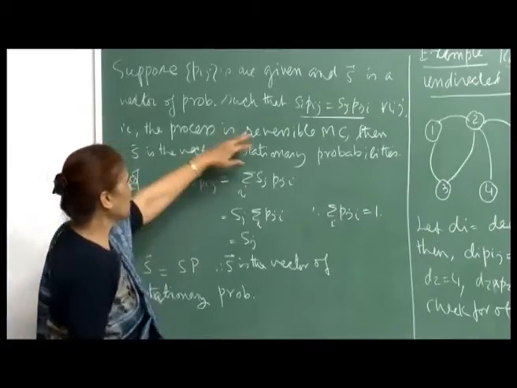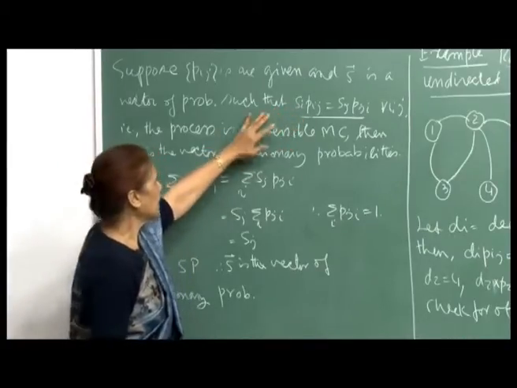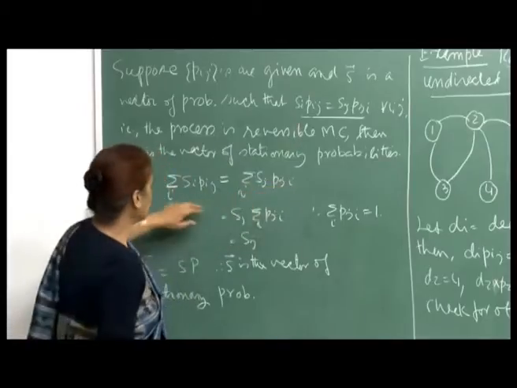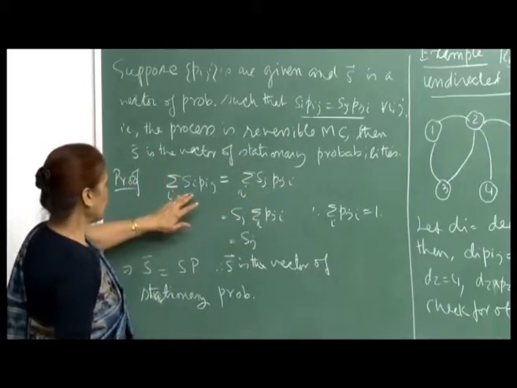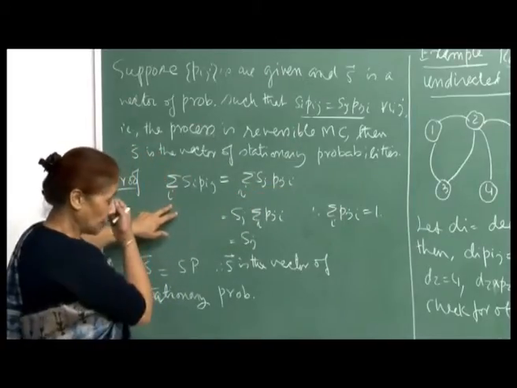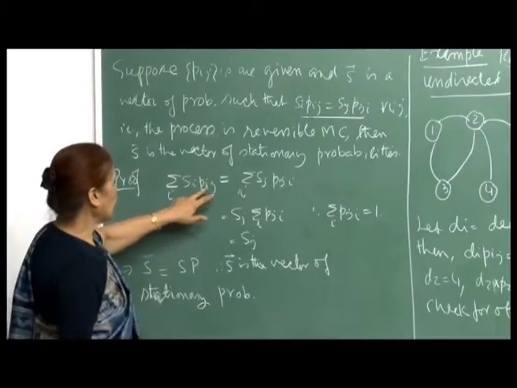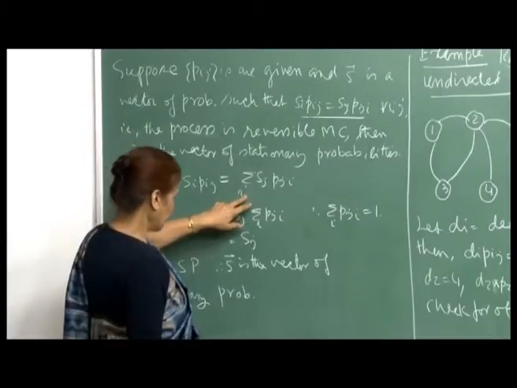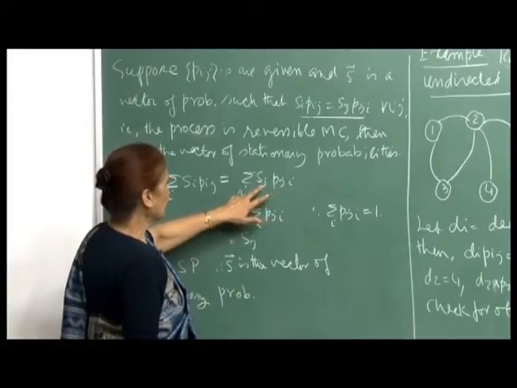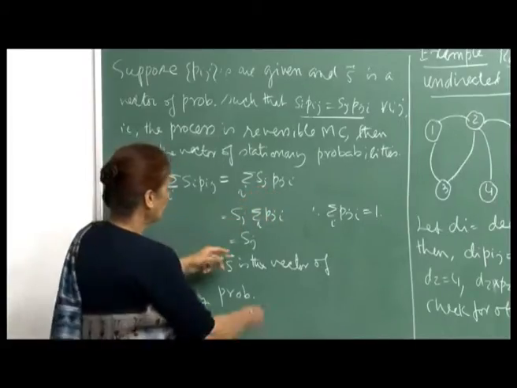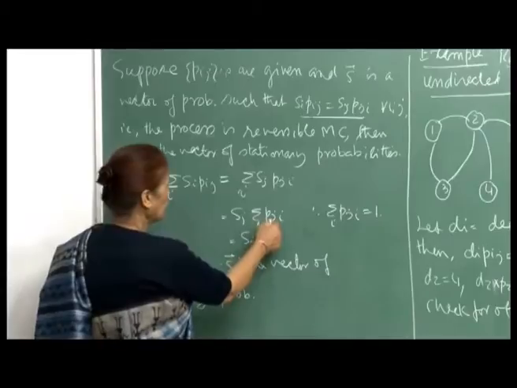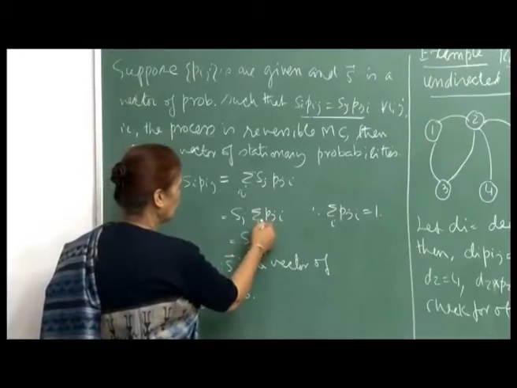So, suppose I start from here and then sum up these equations with respect to i. So this is the summation over i of Si Pij equal to the summation over i of Sj Pji. Now, since Sj is independent of i, I take Sj outside, and this will be Sj times the summation of Pji over i, right.